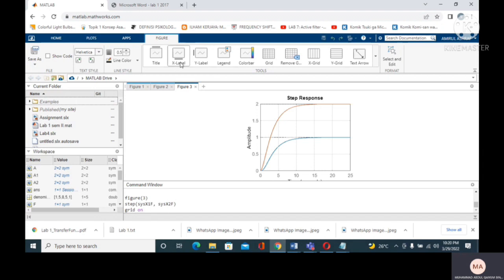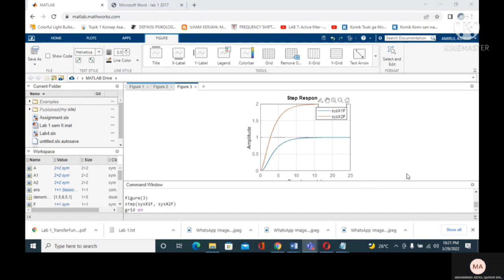So we want to determine which is which, so we input the legend. Now the blue line is the s1 over f and the red line is the s2 over f for this step response. So I think that's all from me.